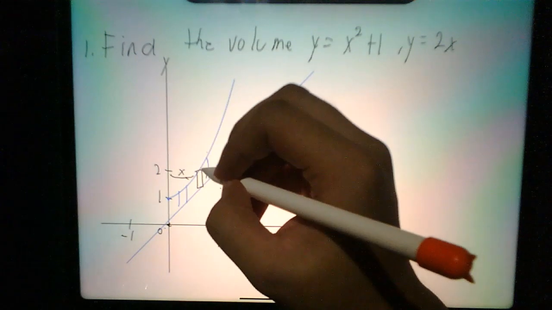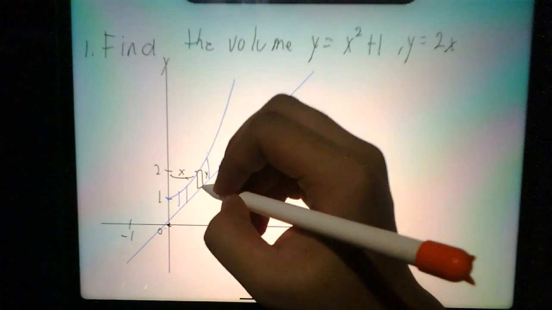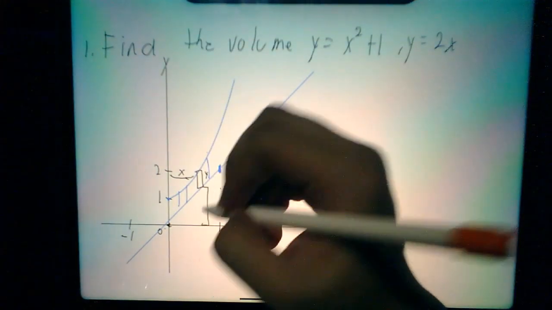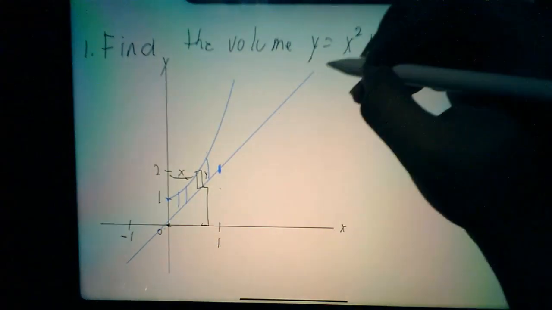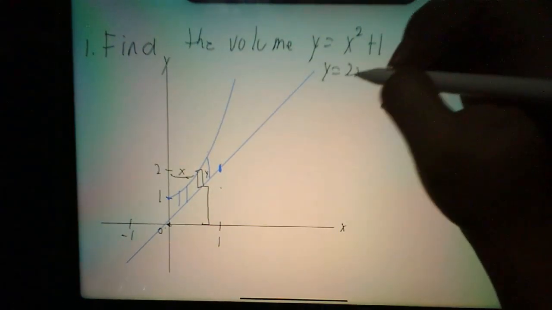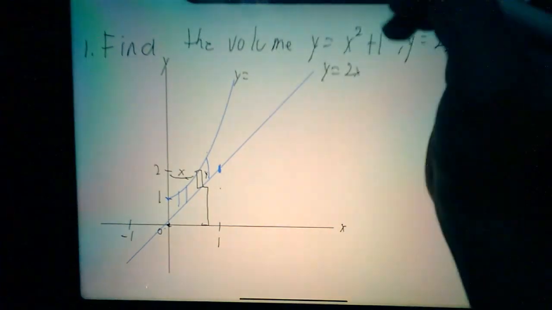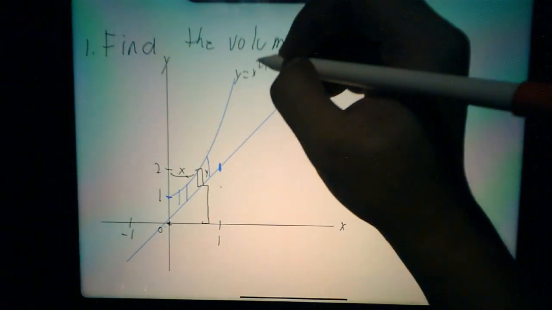The height of the vertical strip is y. Let's label the curves: y equals 2x and y equals x squared plus 1.